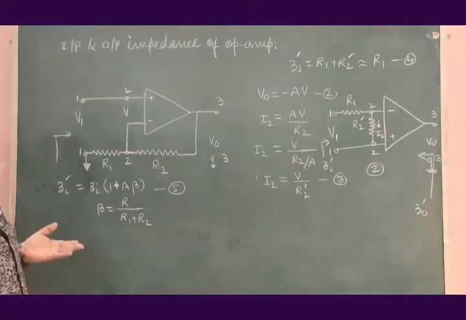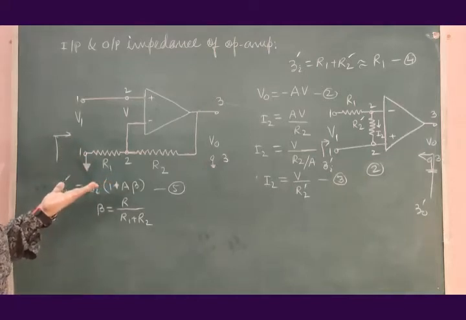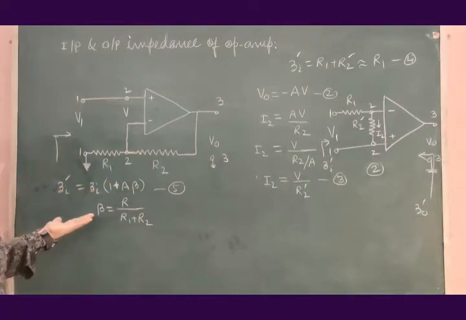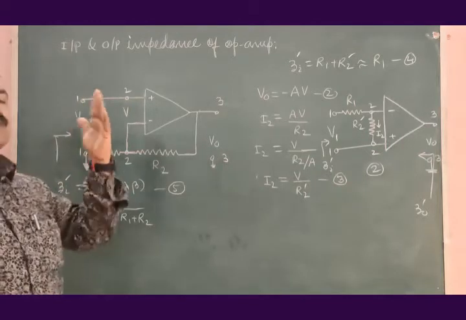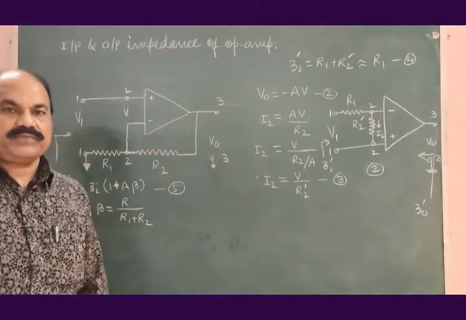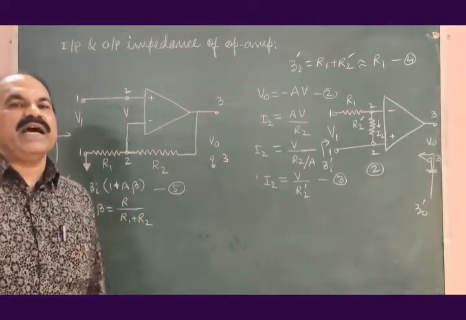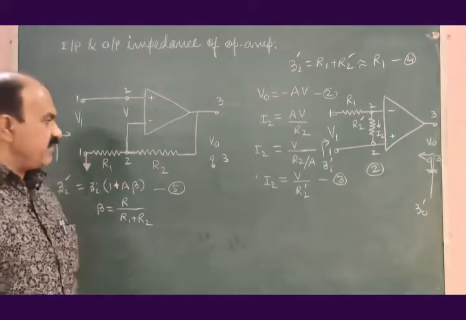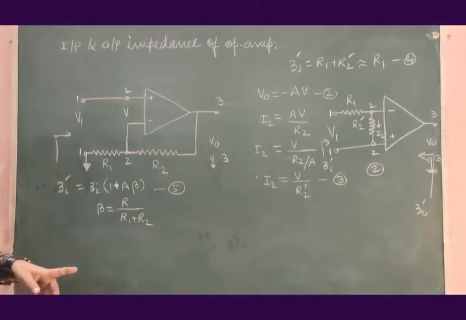So input impedance of the operational amplifier with series voltage feedback is increased. It becomes Zi dash equal to Zi times 1 plus A beta. It is increased to a very large value. This way, using series voltage feedback, we can increase the input impedance.